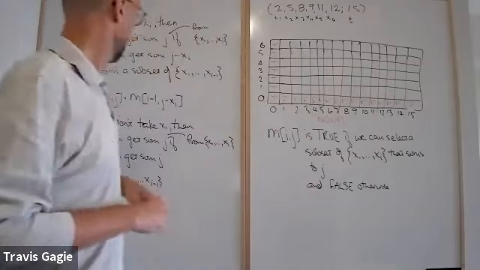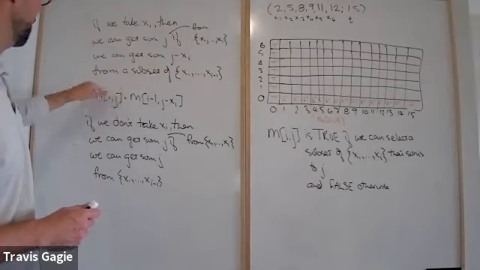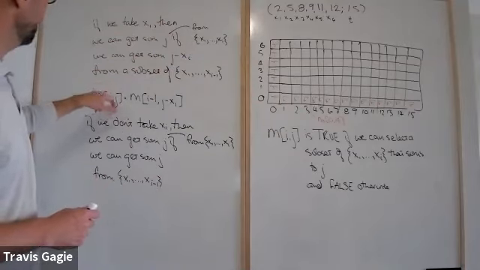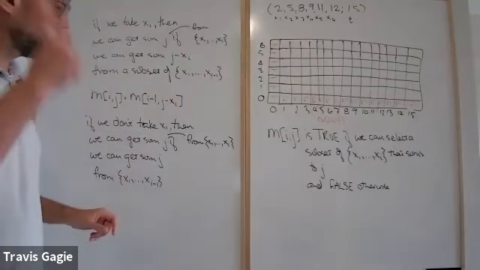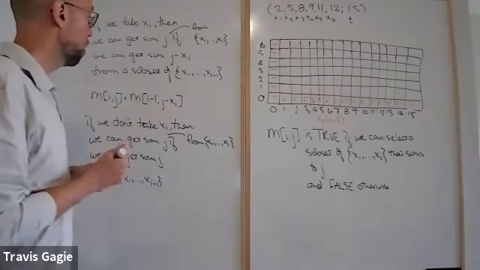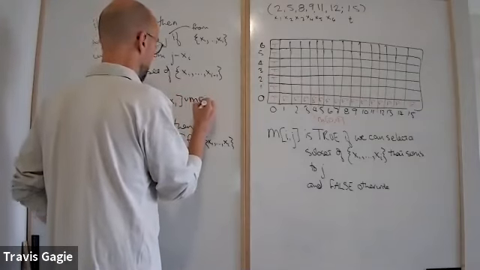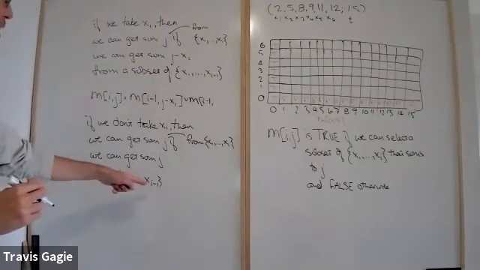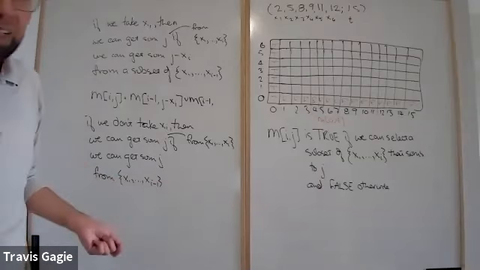Okay. So the thing is, if we take this one, we can say Mij is true if we can get some j minus xi from x1 to xi minus 1, or if we can get some j from x1 to xi minus 1, then we don't need xi.